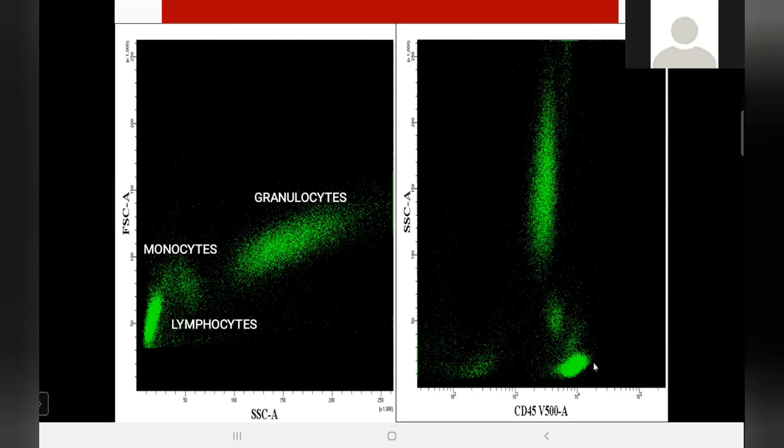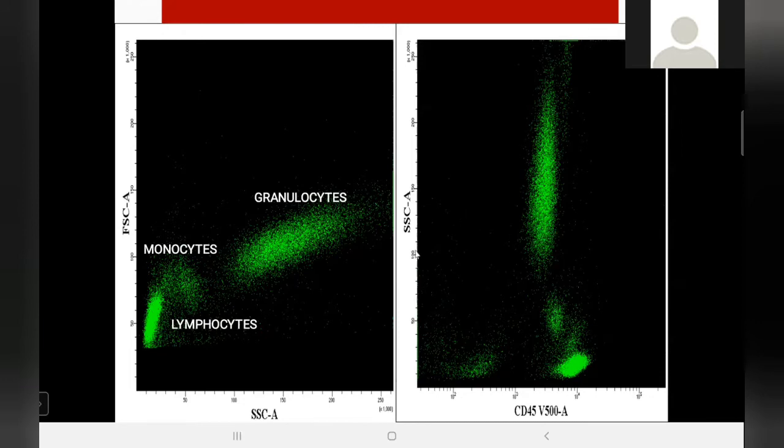So the CD45 population that is the brightest is the lymphoid population. Always remember that the brightest population on CD45 is the lymphoid population. Can somebody tell me about this? Monocytes. Perfect. So we have the lymphoid cells, monocytes, and the neutrophils.